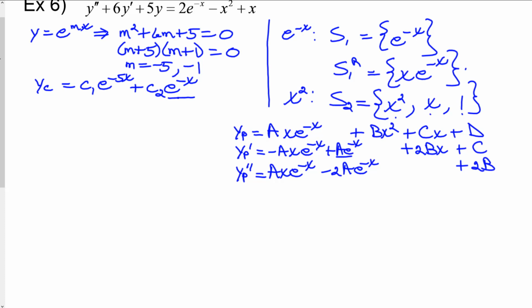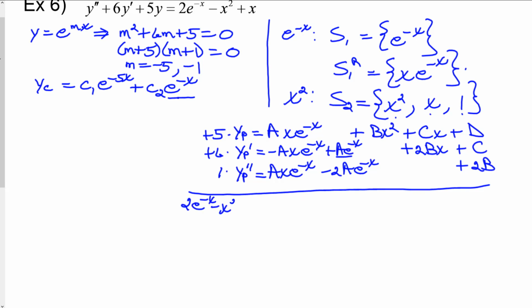Now, the differential equation told us the second derivative plus 6 times the first derivative plus 5 times the function itself has got to add up to the right-hand side expression 2e to the negative x minus x squared plus x.